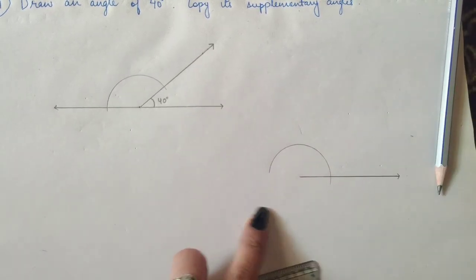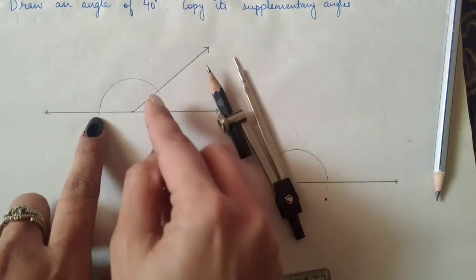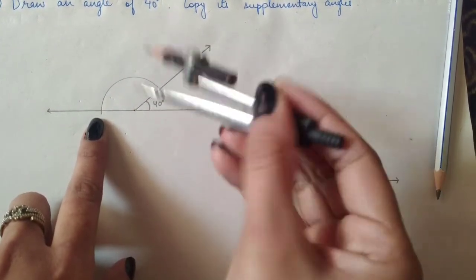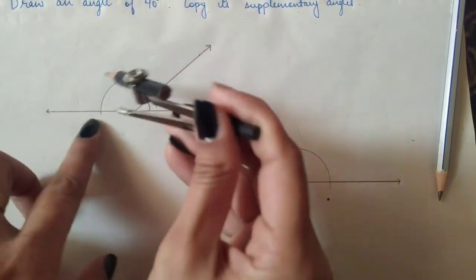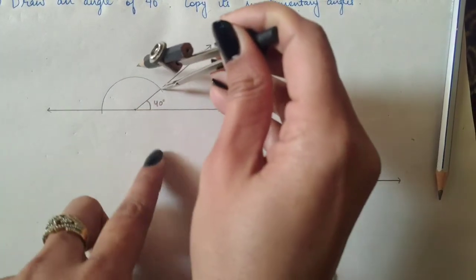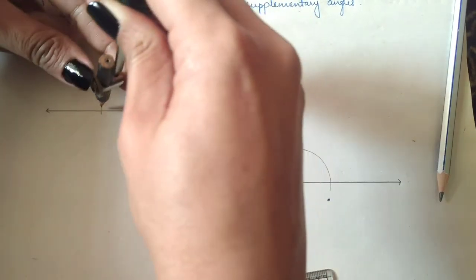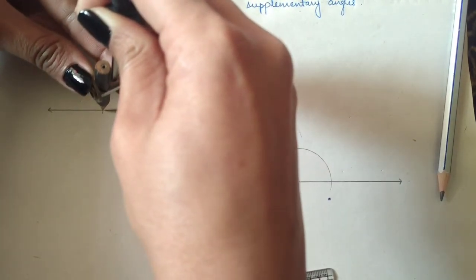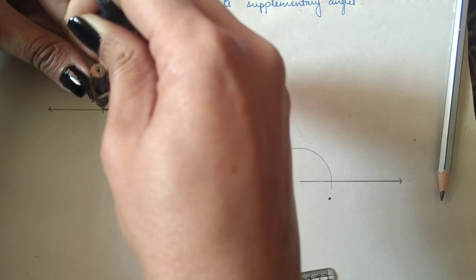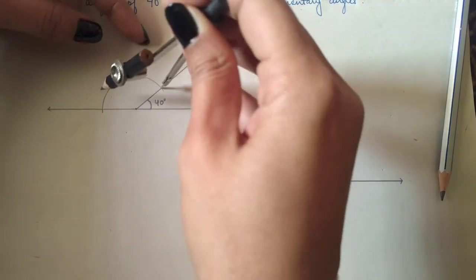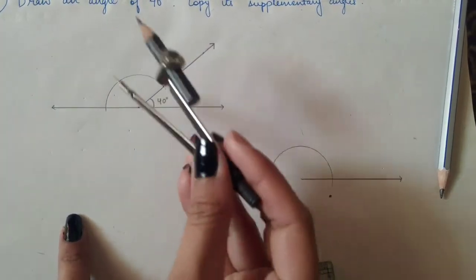Now I have to copy this measure here. So you have to measure this part. You'll keep the pointer here and your pencil here. Be careful. I've measured this part.